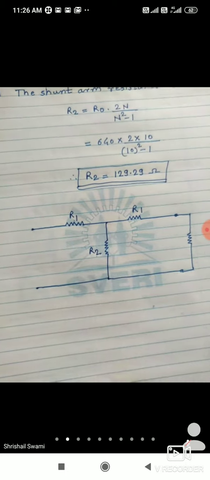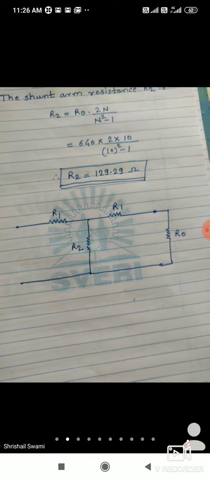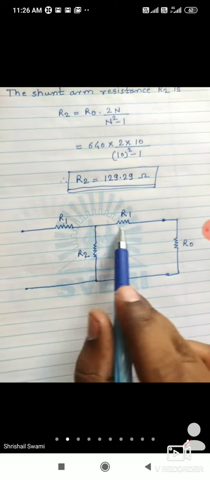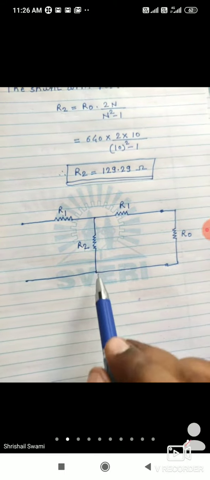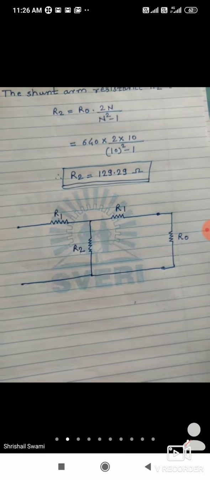So R1 is in series, and in the shunt arm R2, and here as it is R0. Some students put their own R3 and place R3 and R2 anywhere. So always remember the series arm consists of R1 only and the shunt arm consists only of R2, and at the end always R0 is there. Don't make mistakes. So R0 is equal to 640 ohm as it is.